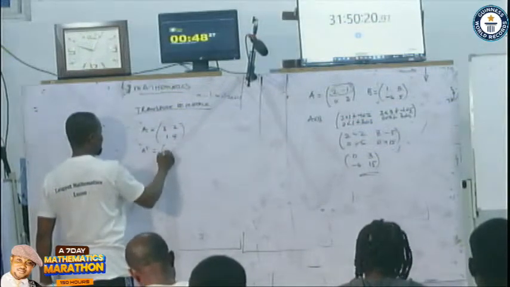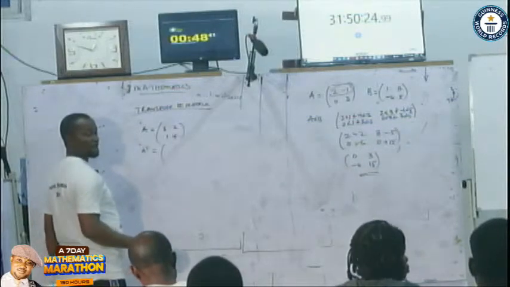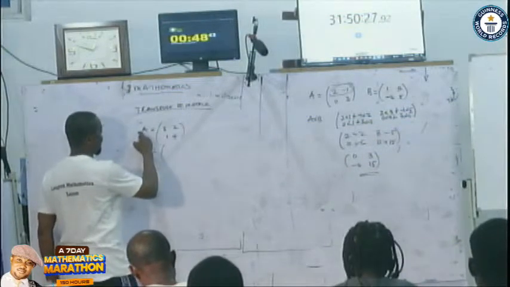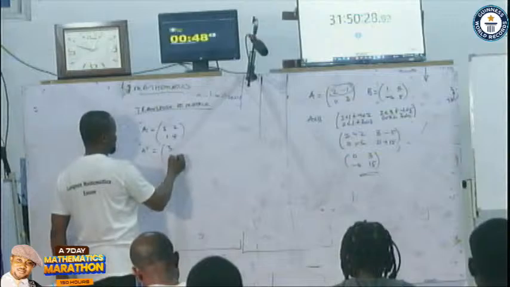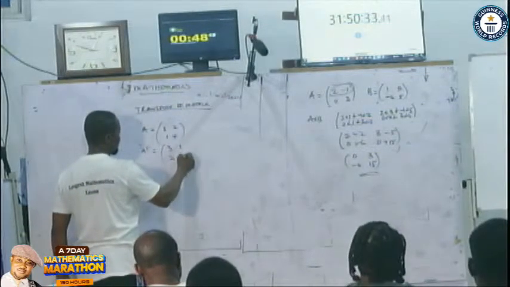A transpose will now be, take the row to the column. If this place was the row, you come 3, 2, 1, 4.